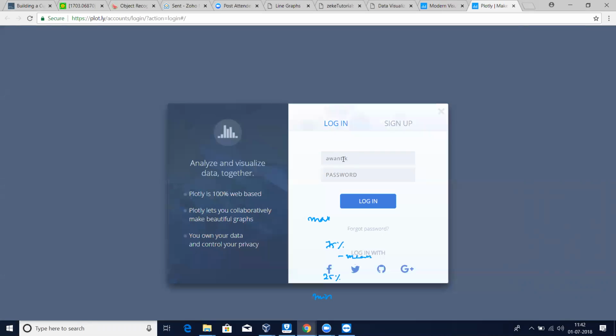This is Plotly, another library. Anyway, Matplotlib is foundational actually.